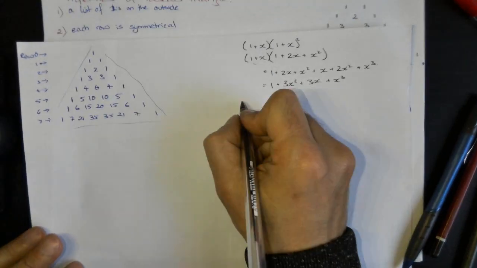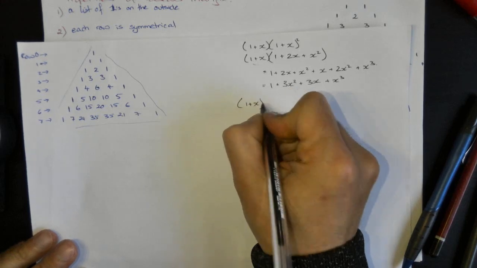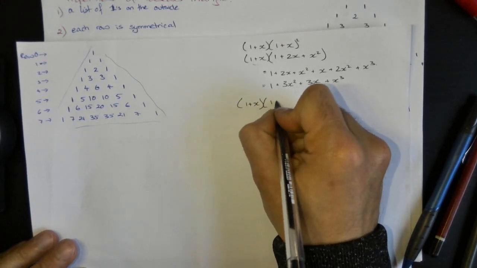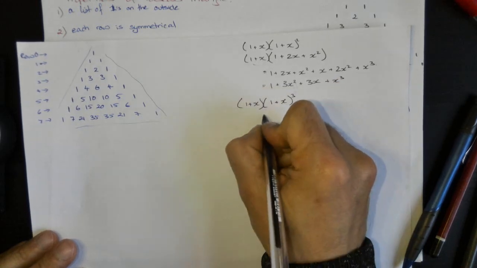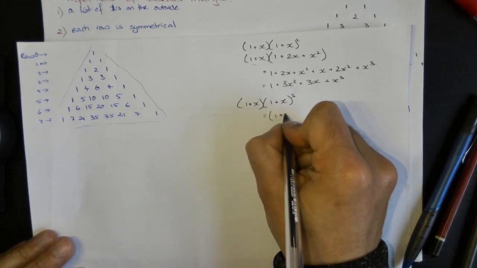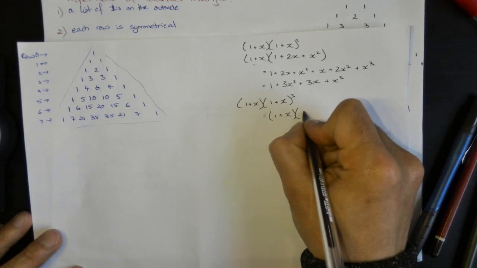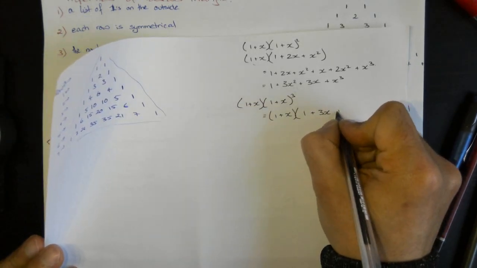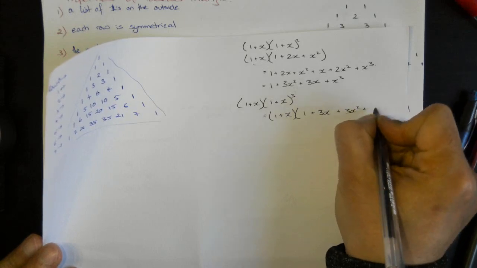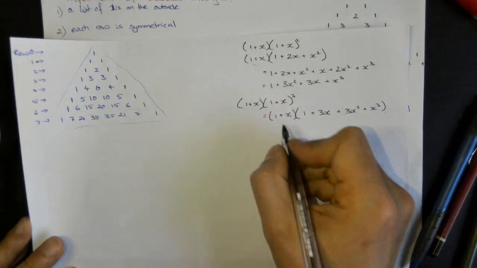So let's do (1 + x)^4, and hopefully you might be seeing the pattern. So we've got 1 plus x, and that's 1 plus x to the power of 3. So we said that was (1 + x) times (1 + 3x + 3x squared + x cubed). All right, so expand that.